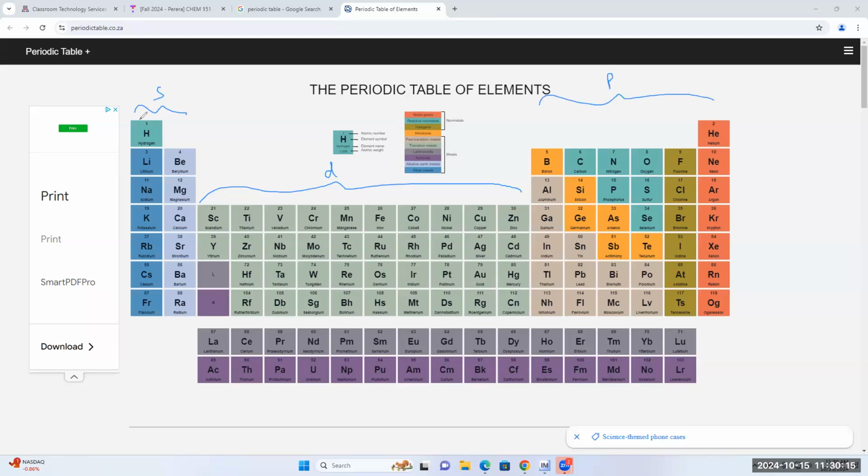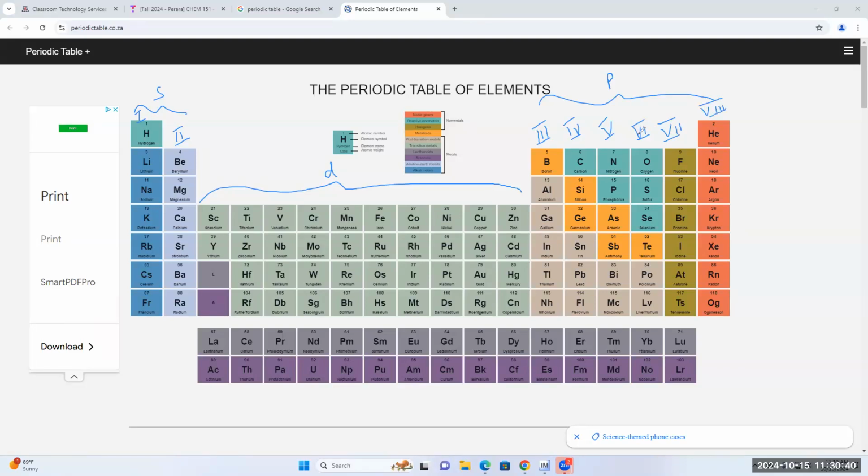So this group over here is termed 1A. This is 1. This is 2. This is 3. This is 4. This is 5. Group 5. Group 6. Group 7. Some periodic tables already have this. And this is 8.